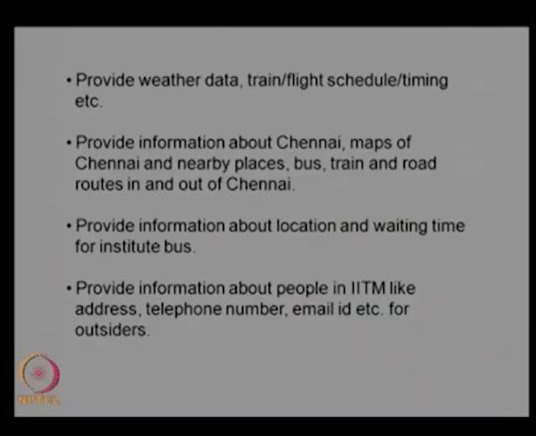So we can actually provide the timing of these bus services and what are the points where outsiders can actually get these bus services. Then provide information about people in IITM like the address, telephone number, email ID, etc. for outsiders. So they can actually do a search in the net or the intranet and get the details of the information about people, especially faculty and other administrative staff.